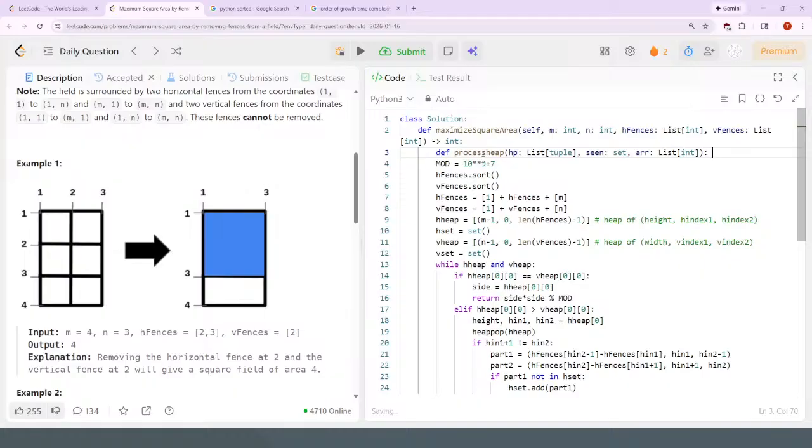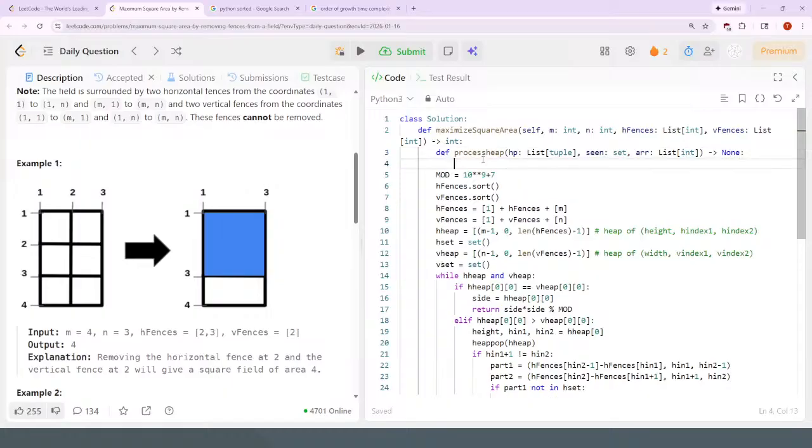And this thing returns none. Okay, so I need to take the top of the heap off, or I need to peek. I guess I'll just need to take the top off in that case, right? Because this is actually peeking at the top and then just popping the top, so might as well just pop the top and take the return value from it.